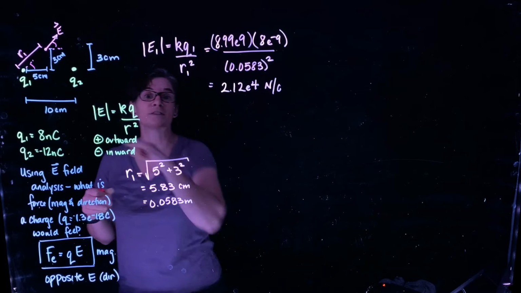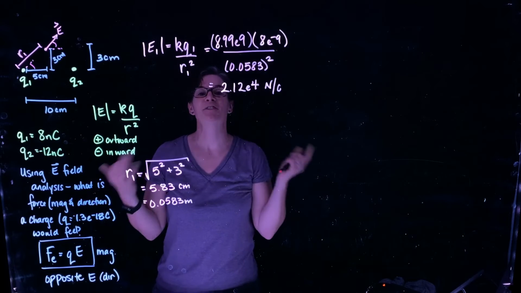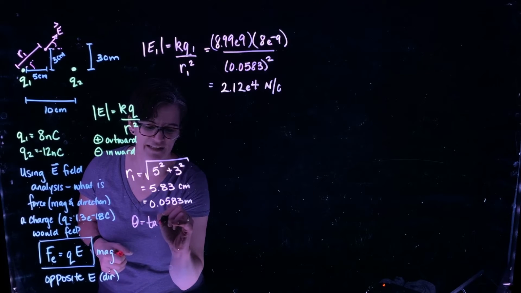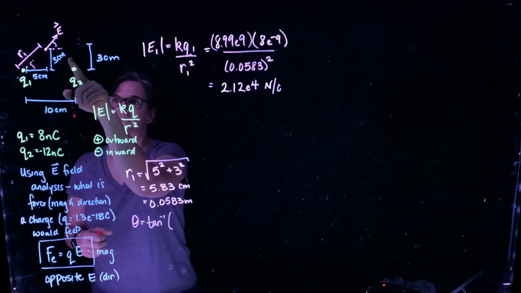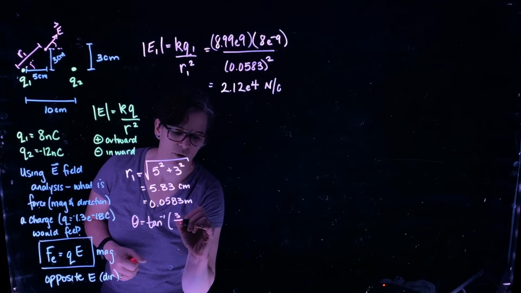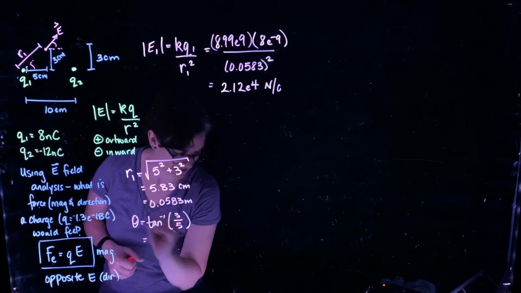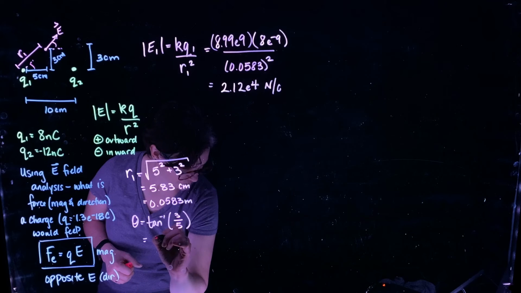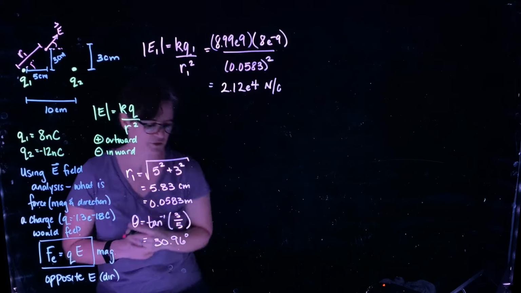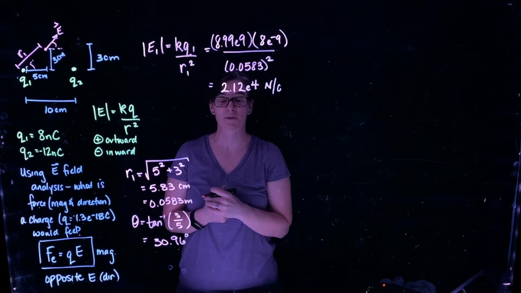So I can use the two sides of my triangle again to get the angle. So the angle is the inverse tangent of my opposite over my adjacent. So 3 over 5. And I get an angle of 30.96 degrees.